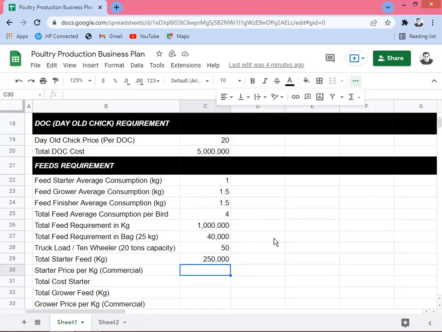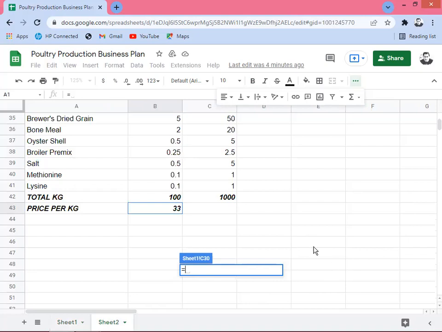If you own your own feed mill, then the cost of your feeds would be a lot lower compared with commercial. But what I'm going to do here is use commercial. Let's say we just buy it from outside and outsource it.